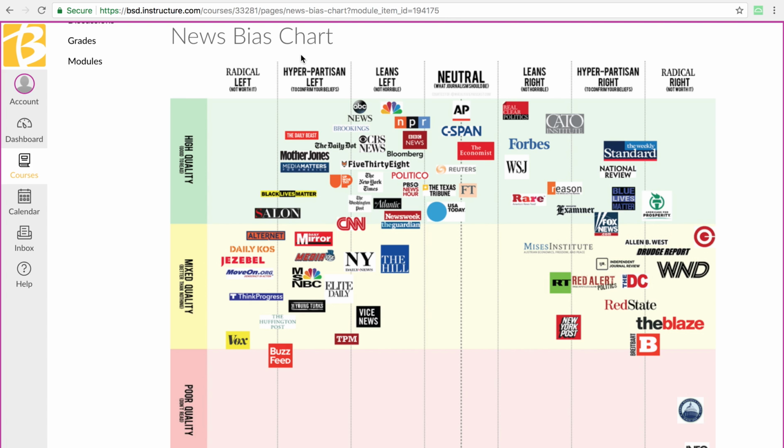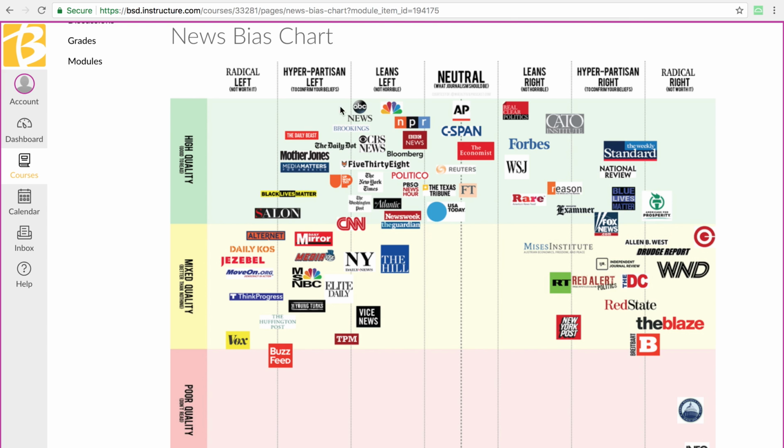Where we start to think about partisanship, where it says hyperpartisan left or hyperpartisan right, that means that we're going to be very focused on thinking that one ideology is superior to other ideologies.